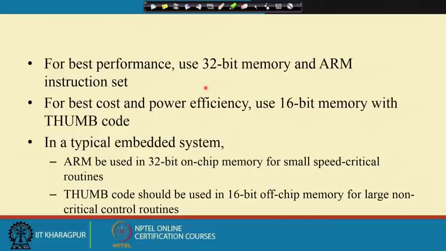On the other hand, for the less important operations of the system, I can use off chip memory and store the program for those non critical tasks in that external memory, coded in thumb code, because that will take less space.